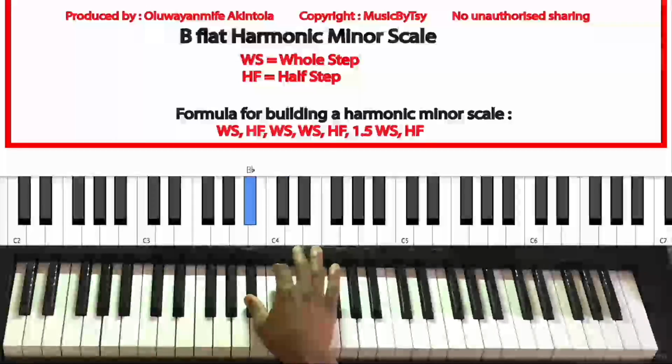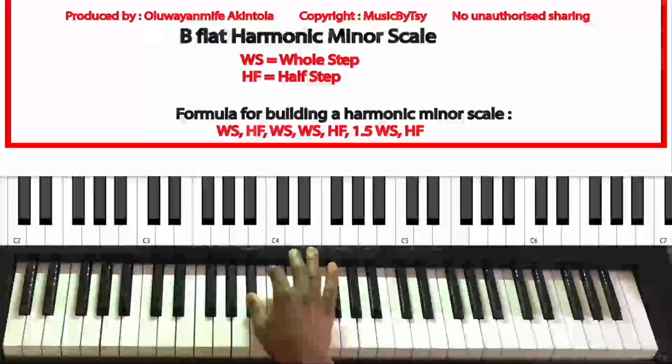So yeah, let's use the second method, which is by using the formula to build the B flat harmonic minor scale. Starting from the key of B flat, the formula goes like this.